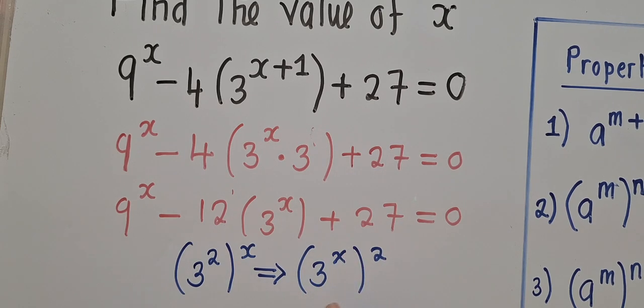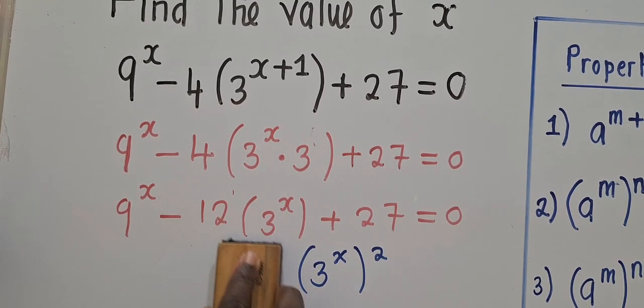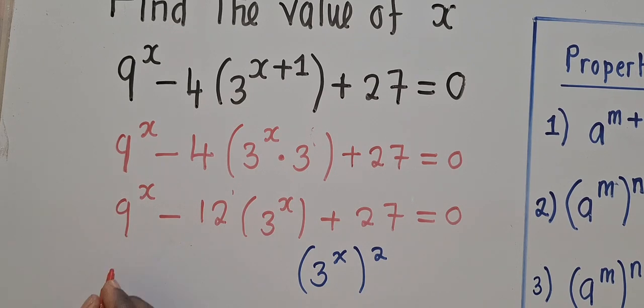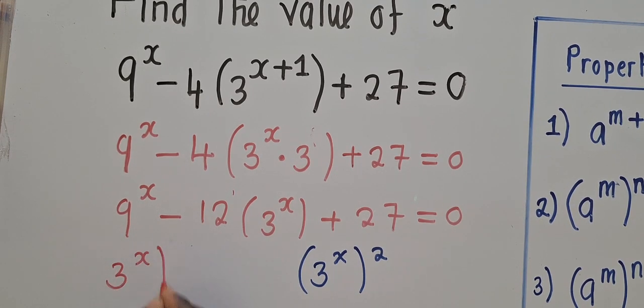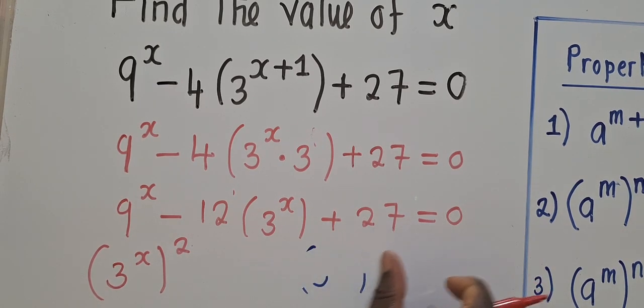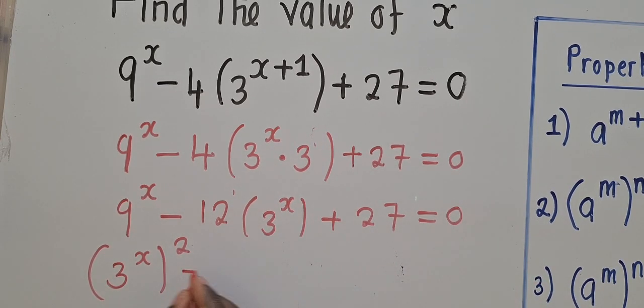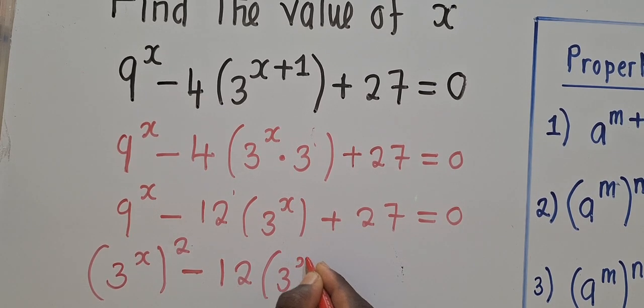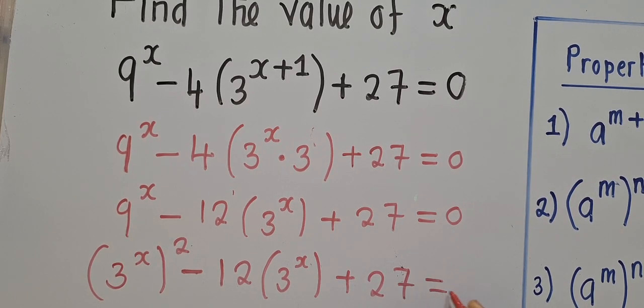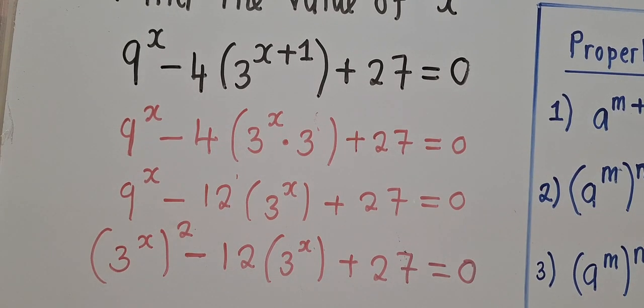And this is what we're going to write at this point. That is 3 power x and the power 2 right over here, minus 12, and then here we have 3 power x plus 27 is equal to 0. Hopefully you can see that.